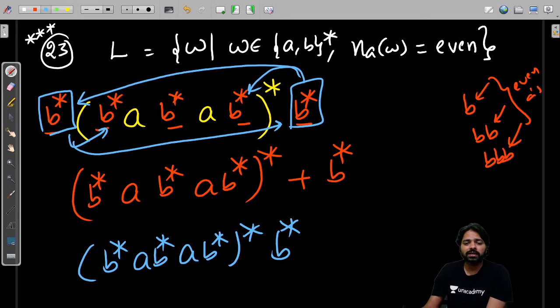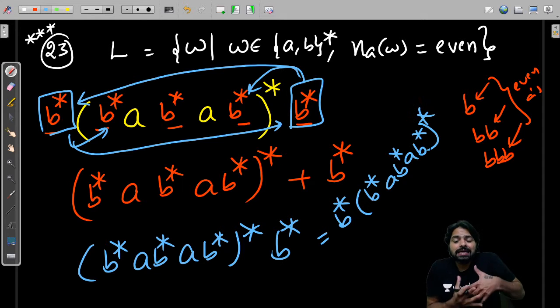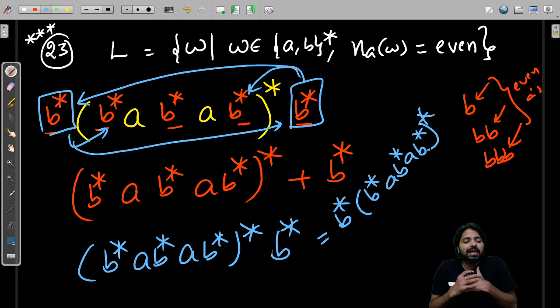That is also fine. Look at that: to get the same set of strings, you will have multiple forms. Is that clear? Even number of A's, odd number of A's, many answers are there.